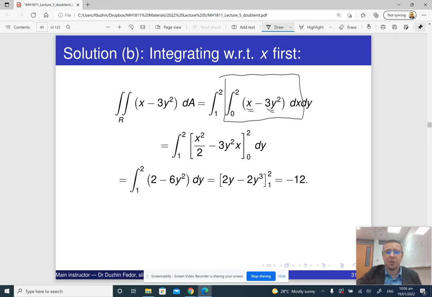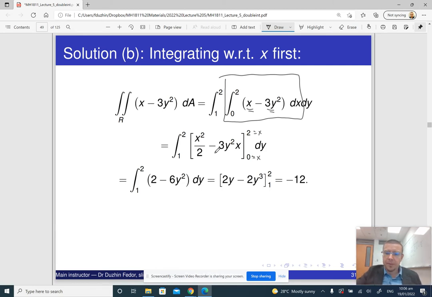So it's going to be x squared over 2 minus 3x times y squared, and we need to take the change of that function from 0 to 2. Notice that now we are integrating with respect to x, so changes in x. And then, of course, when we substitute all the values, we will get the same answer.